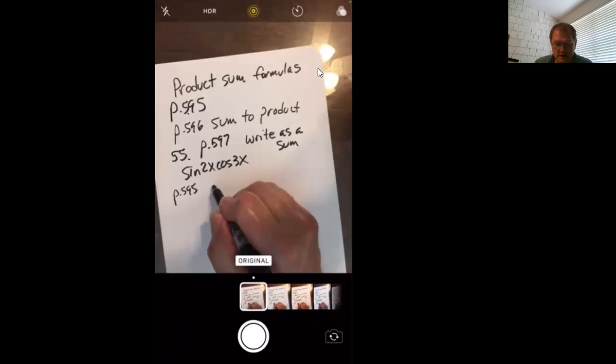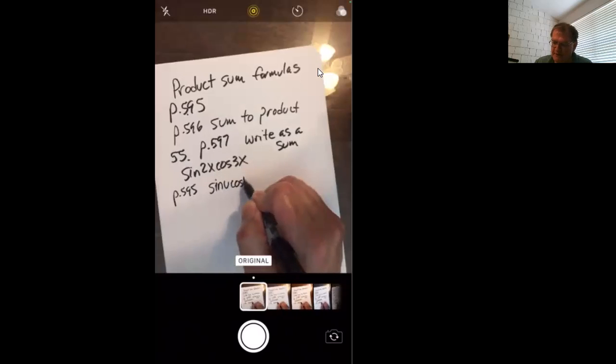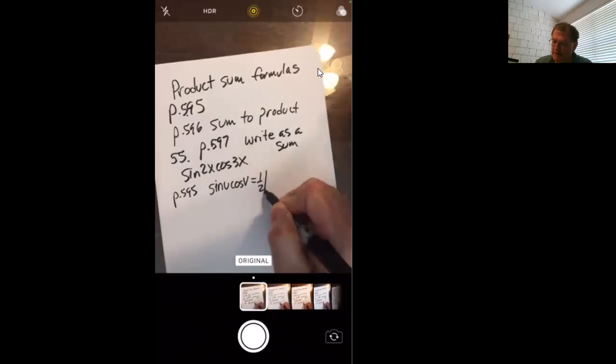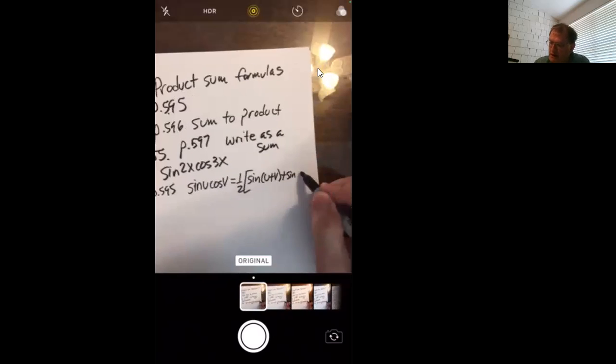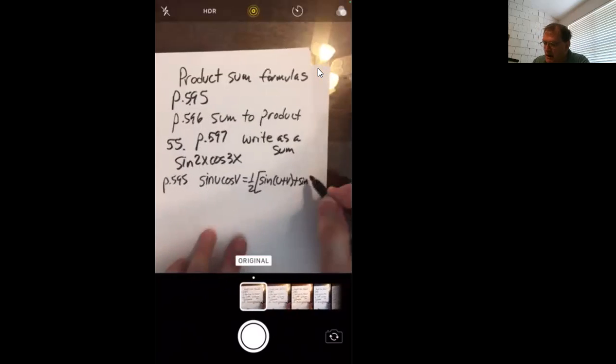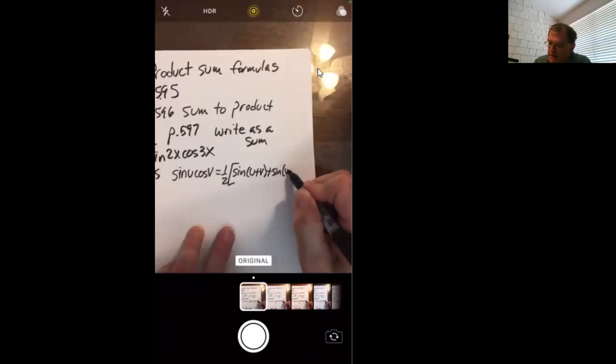The book has sine of u, cosine of v being a big 1/2, sine of u plus v plus a sine of u minus v.